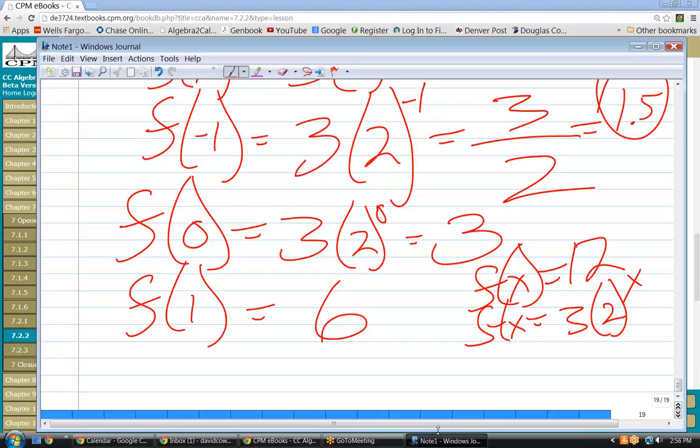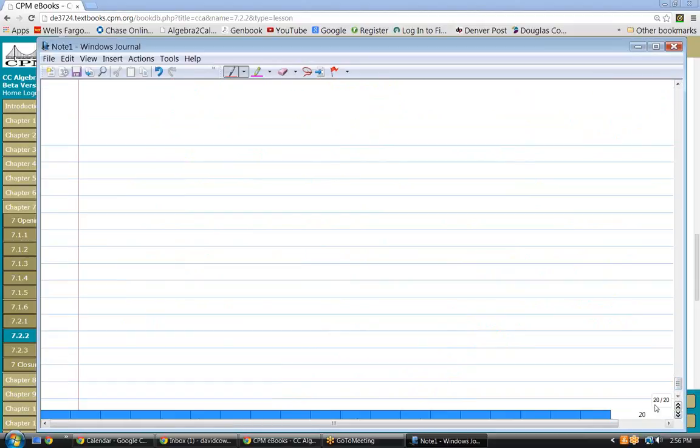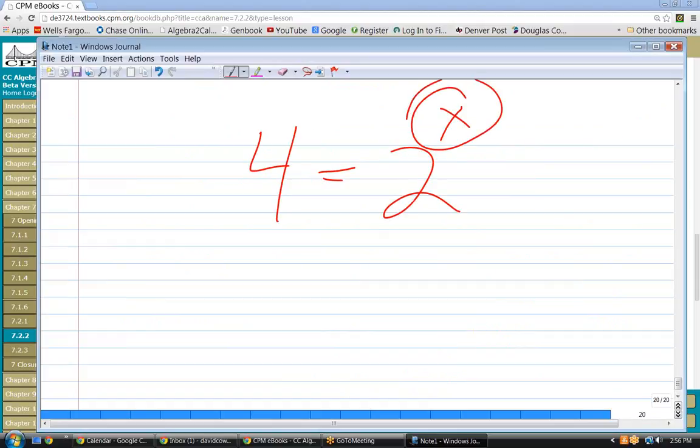It's 2 because you have to do 2 times 2, which equals 4, and then 3 times 4 equals 12. Right. What we're going to do is substitute 12 for f of x. So we have 12 equals 3 times 2 to the x. Next step is to divide both sides by 3. So I have 4 equals 2 to the x. Well, x clearly has to be 2.